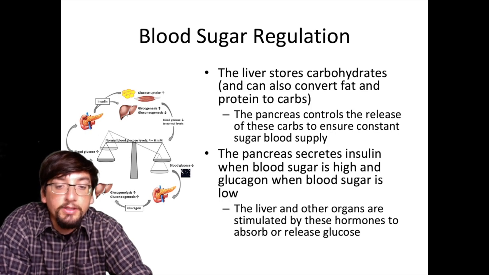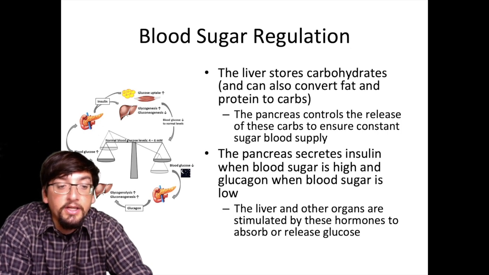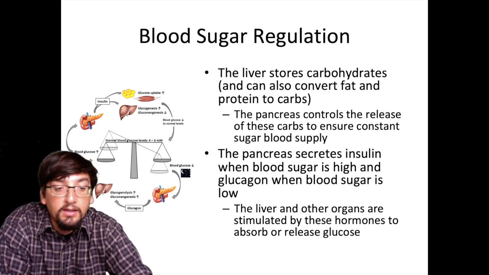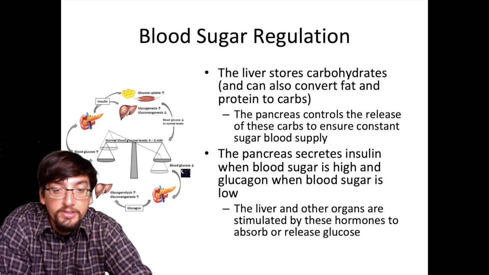So that's the pancreas detecting how much sugar there is, releasing insulin when your blood sugar is high. When your blood sugar is low, the pancreas secretes glucagon instead, and glucagon stimulates your liver to break down glycogen into glucose. It also causes the liver to perform what's called gluconeogenesis, which is the conversion of fat and protein to carbs, which is a very important process.